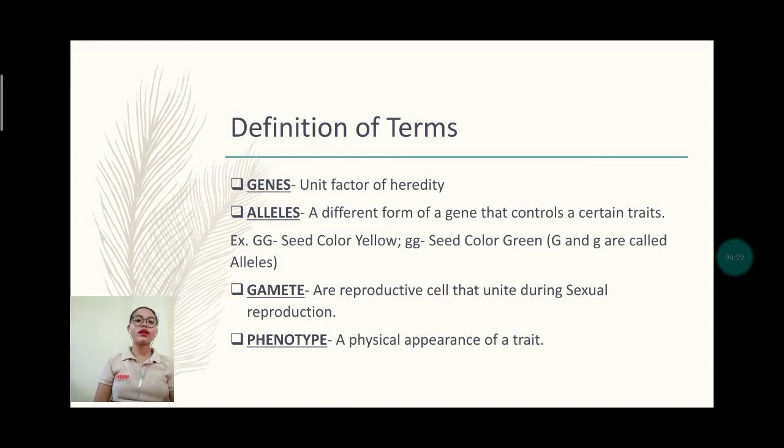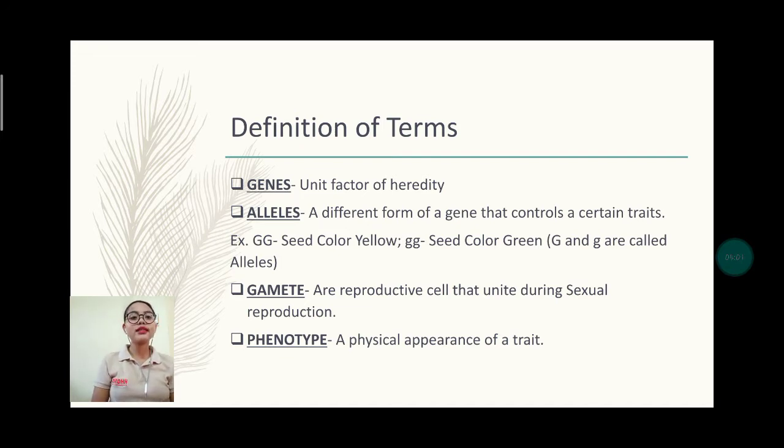Example, capital G indicates the seed color yellow. Small letter g indicate seed color green. So when we say capital G and small g are both alleles coded for colors, but it carries different characteristics.